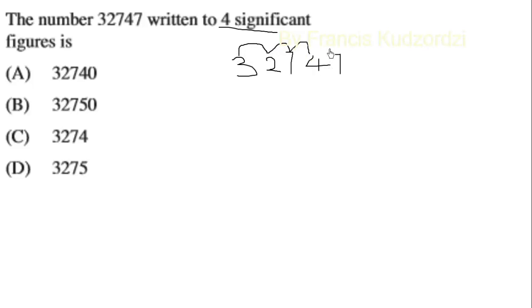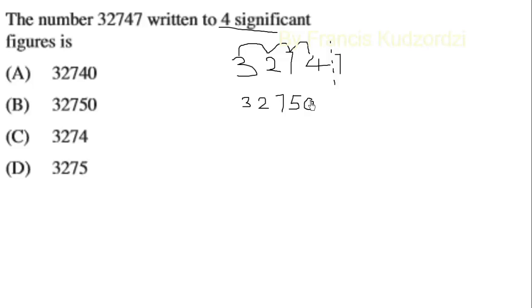So we consider the next number to the right of 4, which is 7, and since 7 is more than or equal to 5, we round this up. So to 4 significant figures we get 3, 2, 7, 5, and we replace all the other numbers to the right with 0.